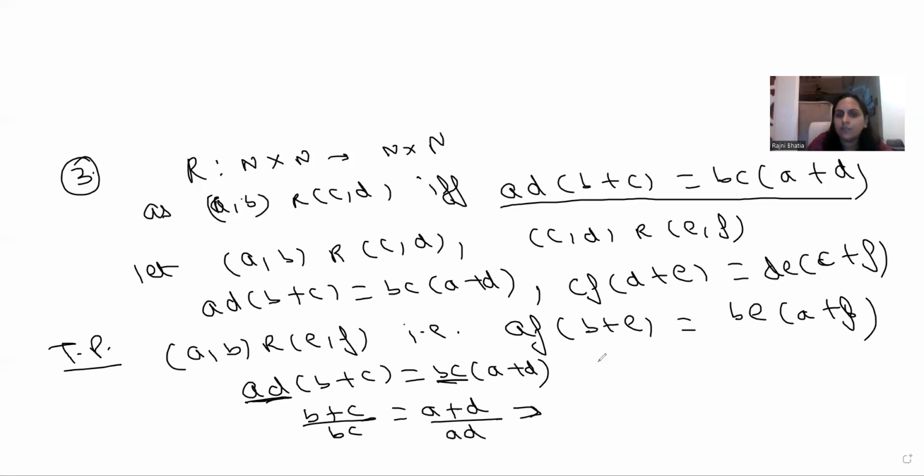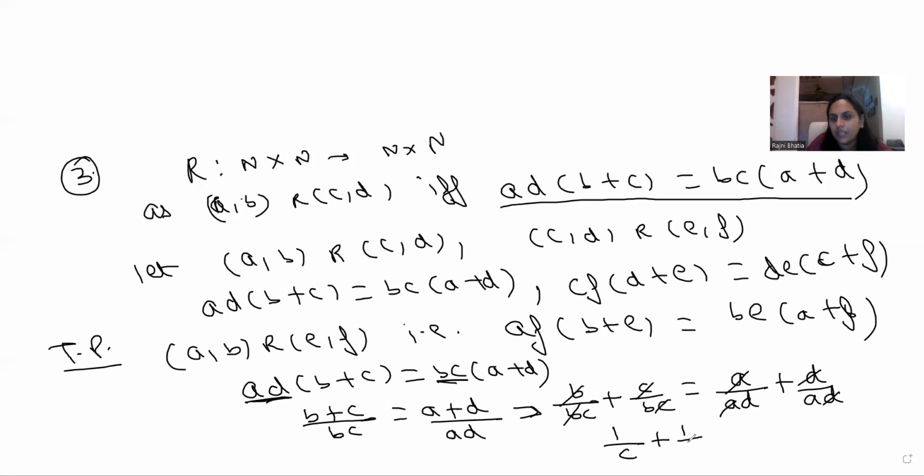So if we split the numerator, we are going to get B by BC plus C by BC is equal to A by AD plus D by AD. B will get cancelled, C will get cancelled, A will get cancelled, D will get cancelled, and we are going to get 1 by C plus 1 by B is equal to 1 by D plus 1 by A, and we are going to mark this as 1.